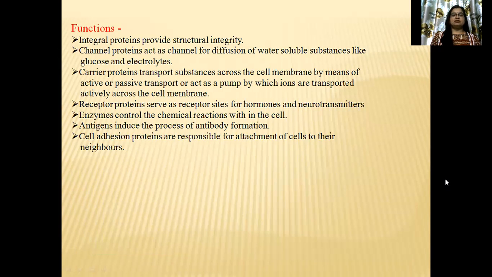Receptor proteins serve as receptor sites for hormones and neurotransmitters. Enzymes control the chemical reactions within the cell. Antigens induce the process of antibody formation. Cell adhesion proteins are responsible for attachment of cells to their neighbor cells.